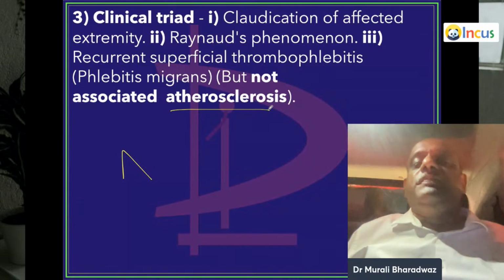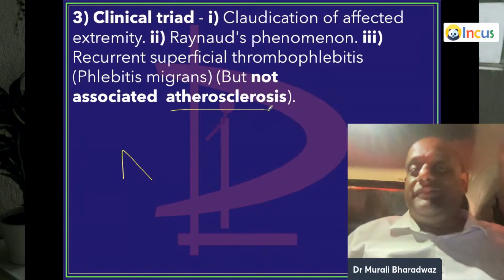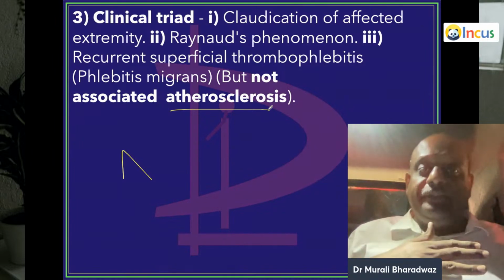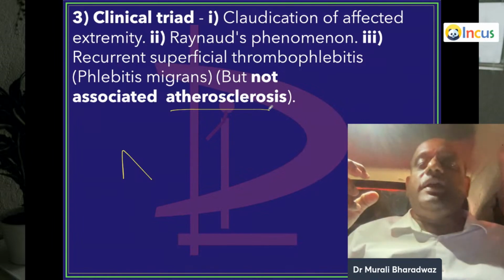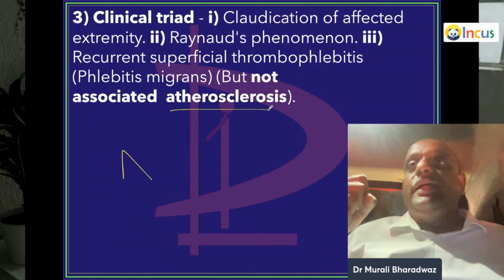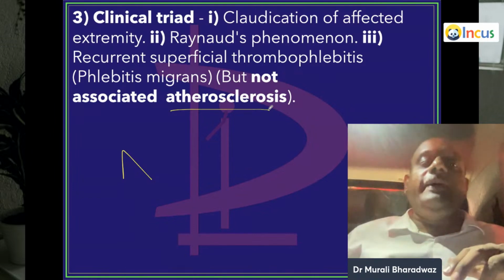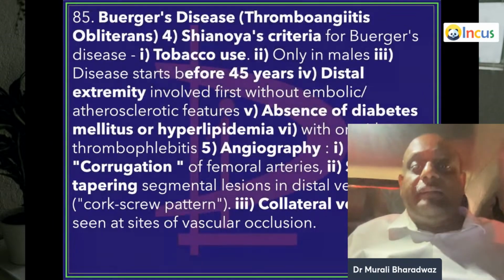Remember, always, if somebody has diabetes, hypertension, atherosclerosis, then you don't call it Buerger. So, less than 30 years of age, smoker, claudication of affected extremity, along with Raynaud's phenomena, recurrent superficial thrombophlebitis, you call it Buerger, is what you need to remember.